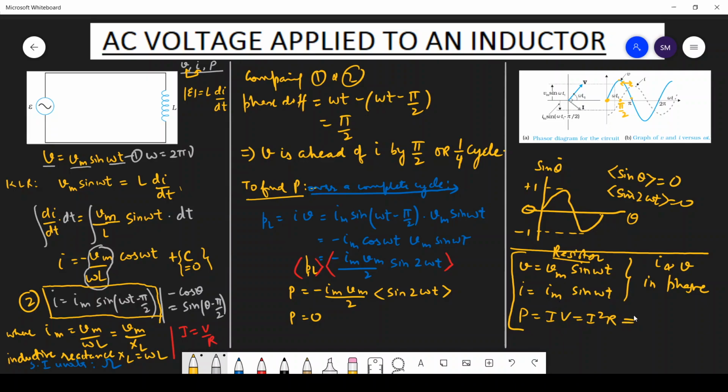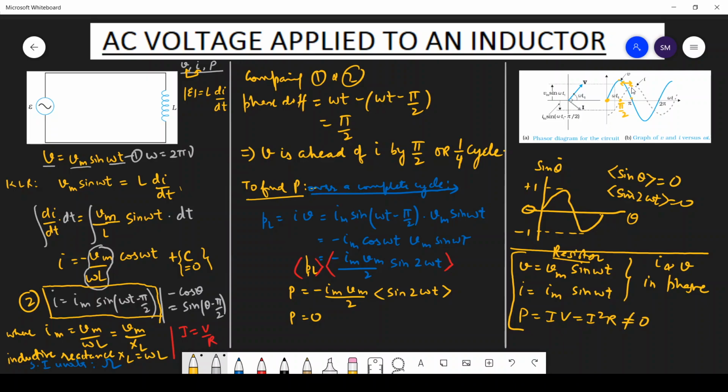So this is obviously not equal to 0, but here it is 0. Here it is 0 means that in a half part of the cycle, see here in this part, I is negative and V is positive. So net power is negative, which means the power is absorbed up to pi by 2.